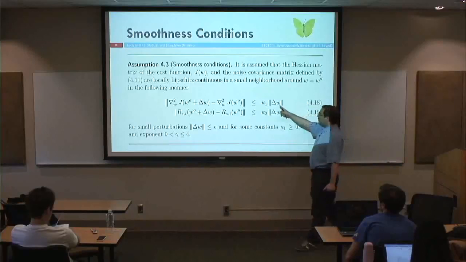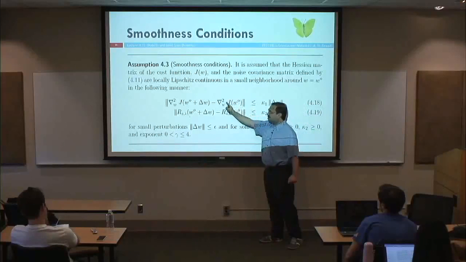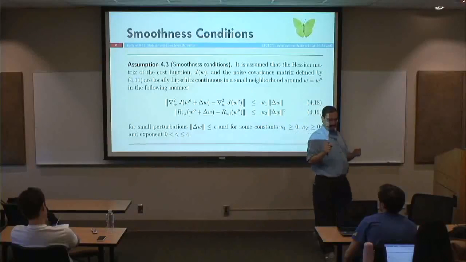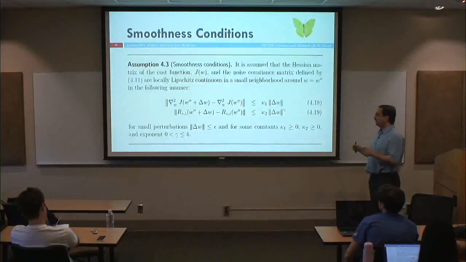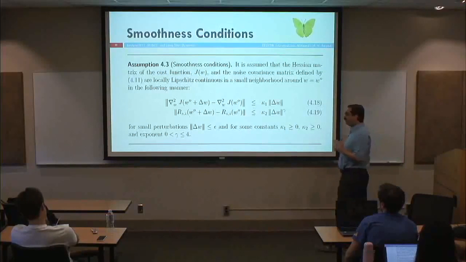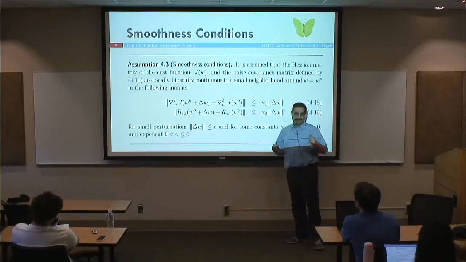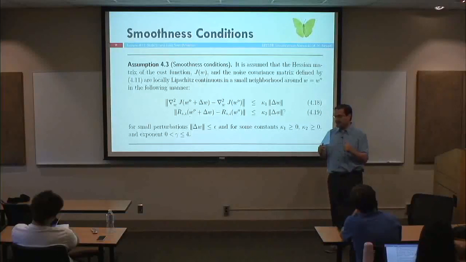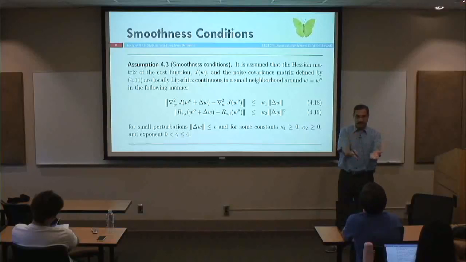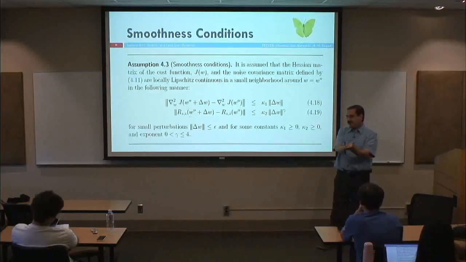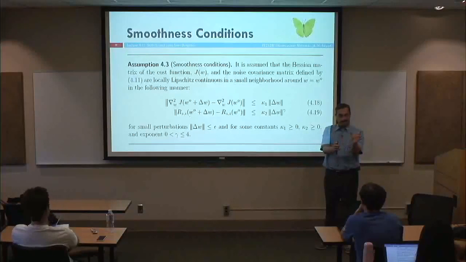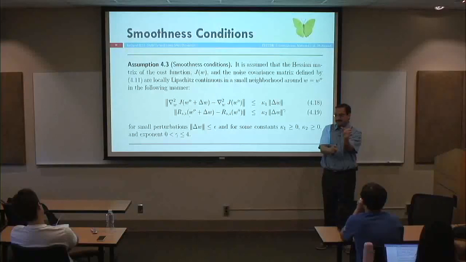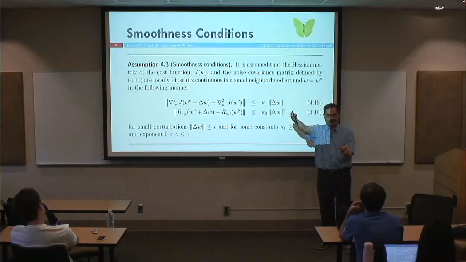And the second condition I need to introduce is that the Hessian matrix of my cost function is Lipschitz. Okay, if you remember, when I was talking about the appendix that discusses Lipschitz conditions, I told you that the mean value theorems, we introduced them. The mean value theorem tells you how differences, right, increments in the function or in the gradients of the function relate to integral expressions, right?